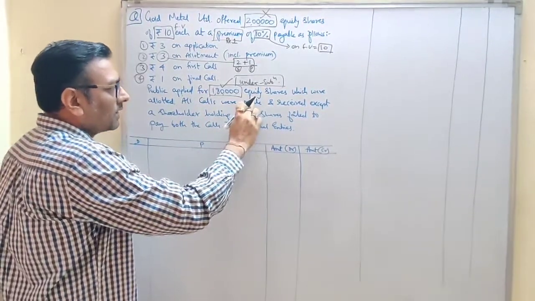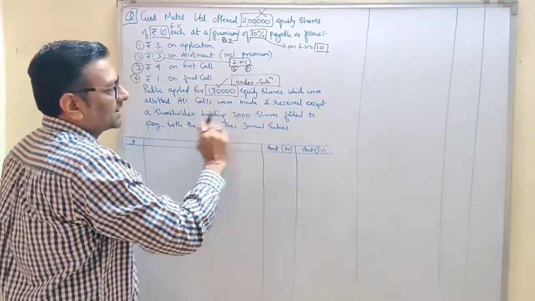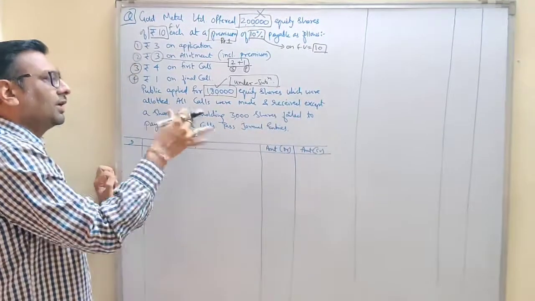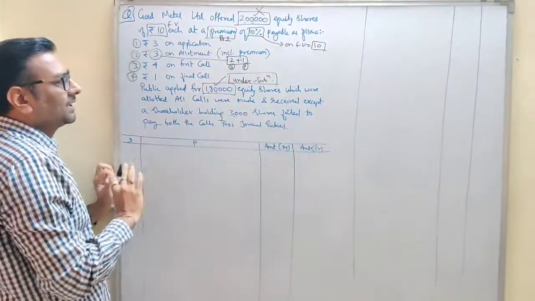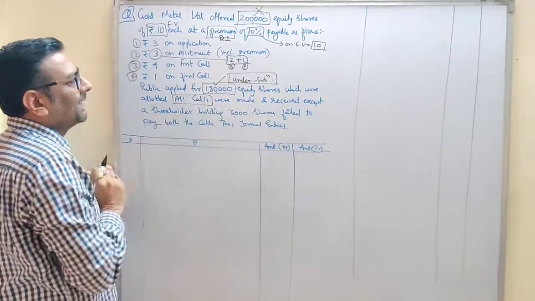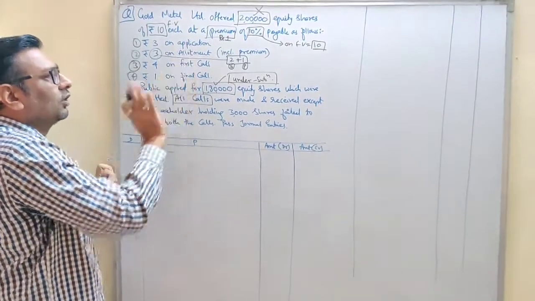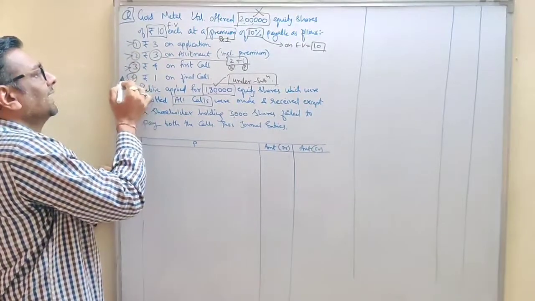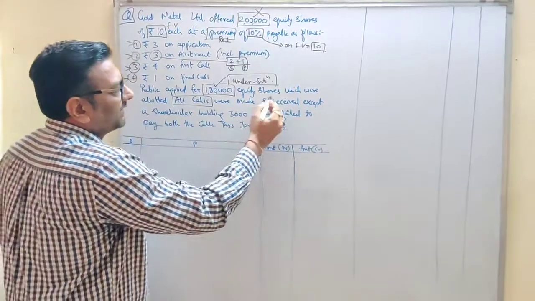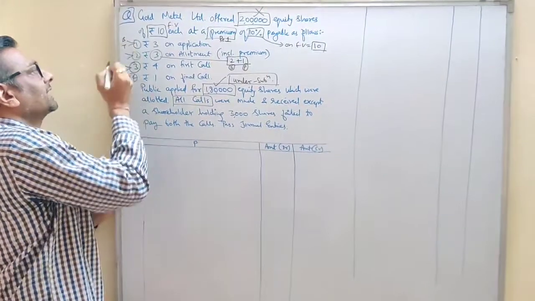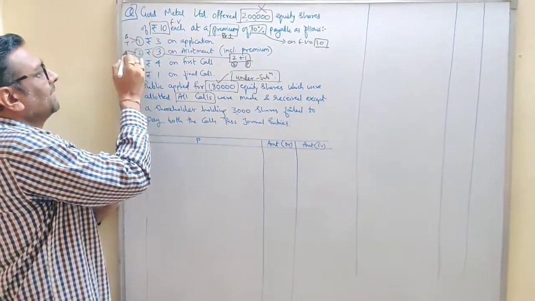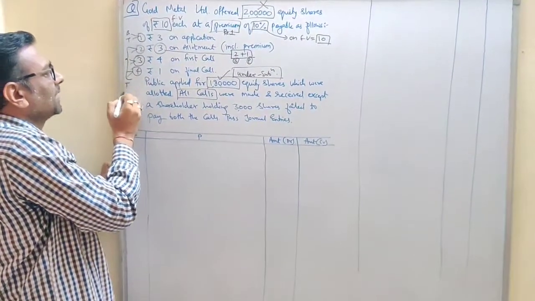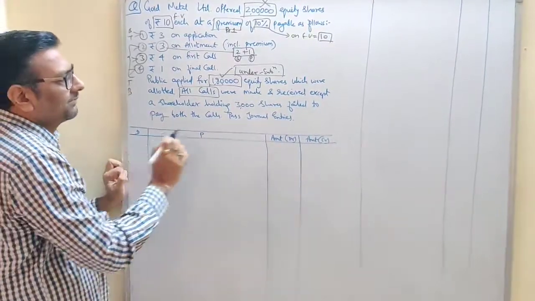So this is an under subscription sum. We allotted 1,80,000 shares. All calls were made. So we are supposed to pass entries for all the installments, and for each installment there are two entries, a bank entry and a transfer entry. For the application it is bank entry then transfer entry, and for the rest of the installments it is reversed: first you pass the transfer and then the bank entry.